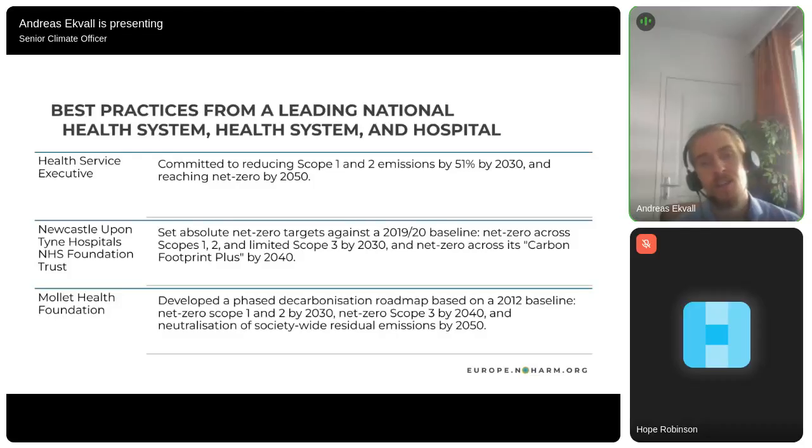While there are national and regional healthcare systems that have policies for targets, they are still outliers. And because of this gap, facilities that are less advanced in the carbon management journey often struggle to set targets that reflect the ambition of the Paris Agreement.